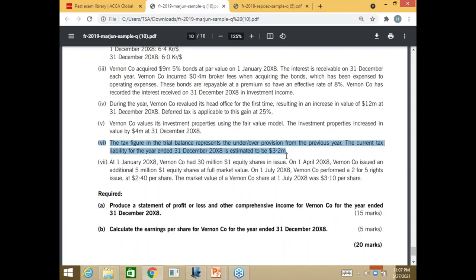And this one. So my tax expense should be 3,330. Wonderful. Yes, this standard is important.